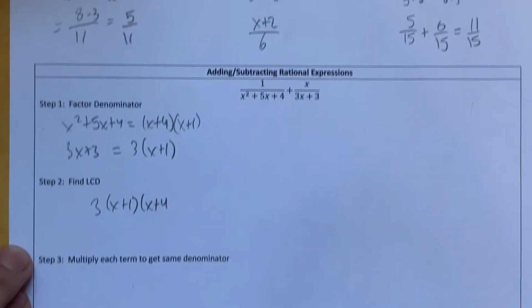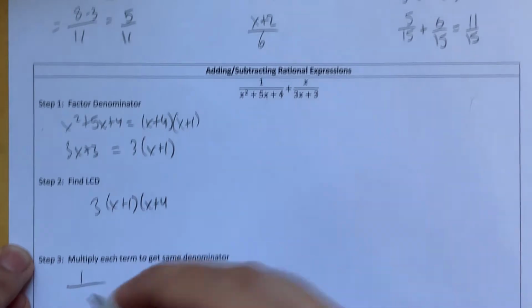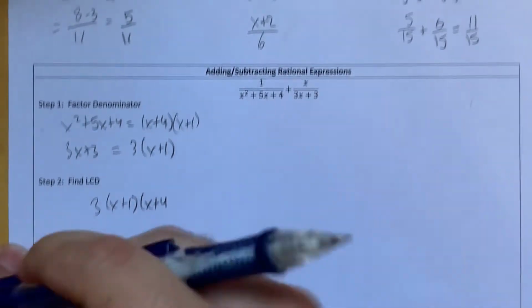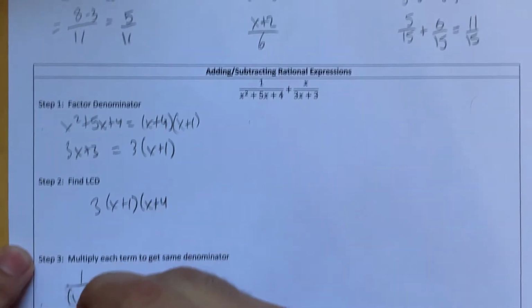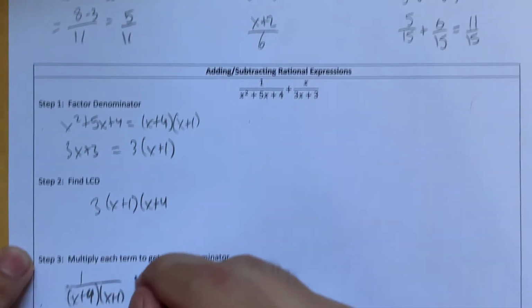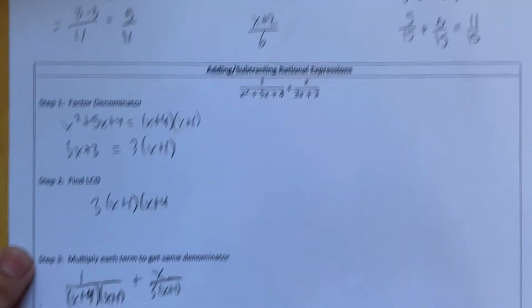So, how do we change this? x plus 4 times x plus 1 and x divided by 3 times x plus 1, and we just change them so we get a common denominator.